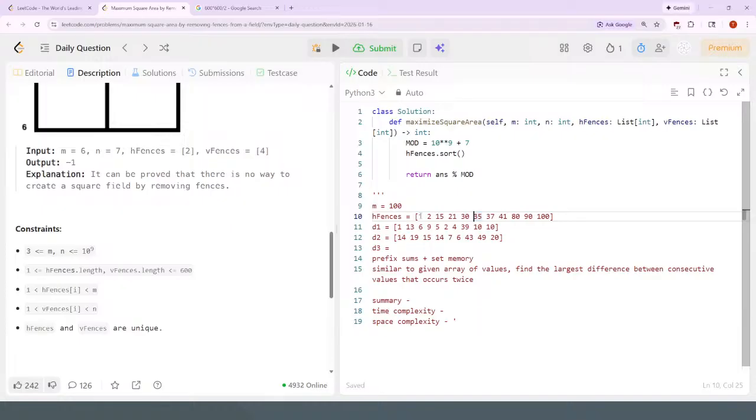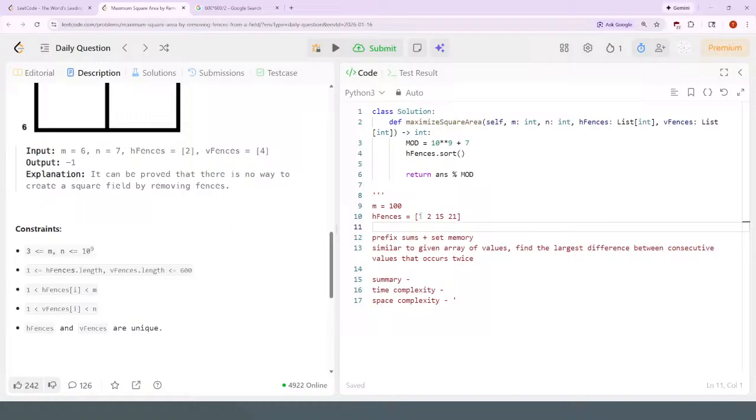That'd be too much to list. Okay, let's go ahead and do something smaller here. So let's say it's 30.